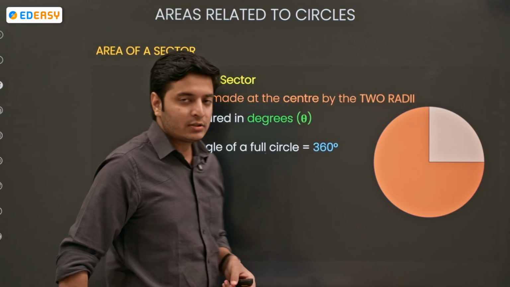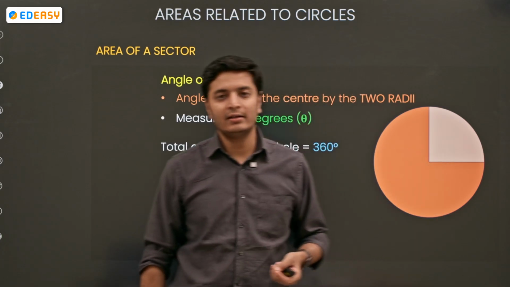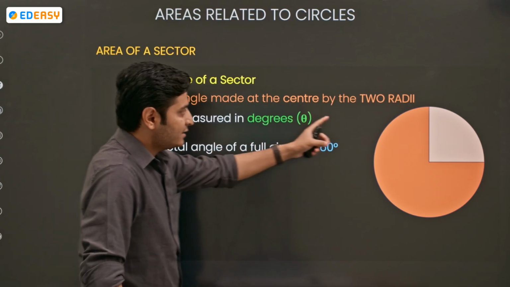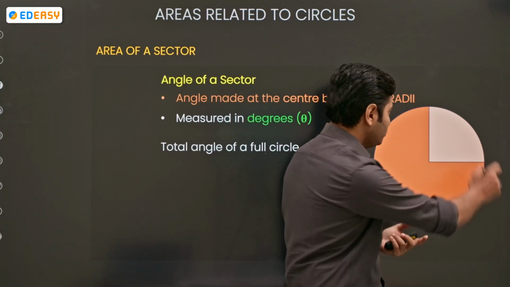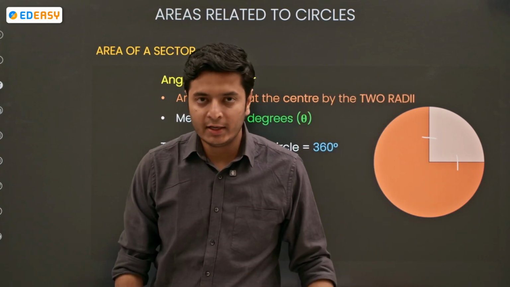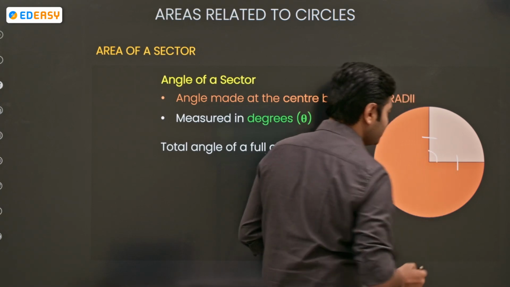Angle of sector. First, of course, we need to realize what this angle is. It is the angle made at the center by two radii, because a sector is the area enclosed between two radii and an arc. These two radii are making some kind of angle.